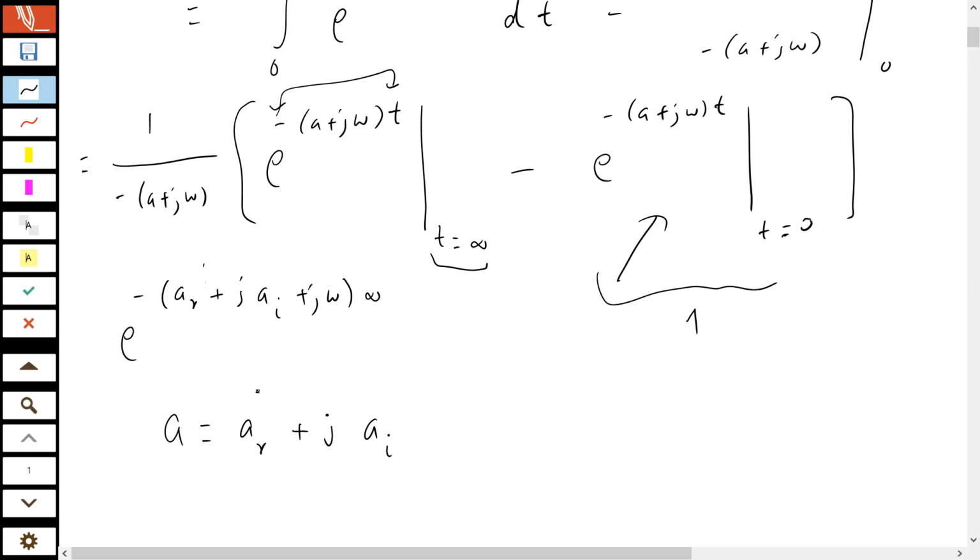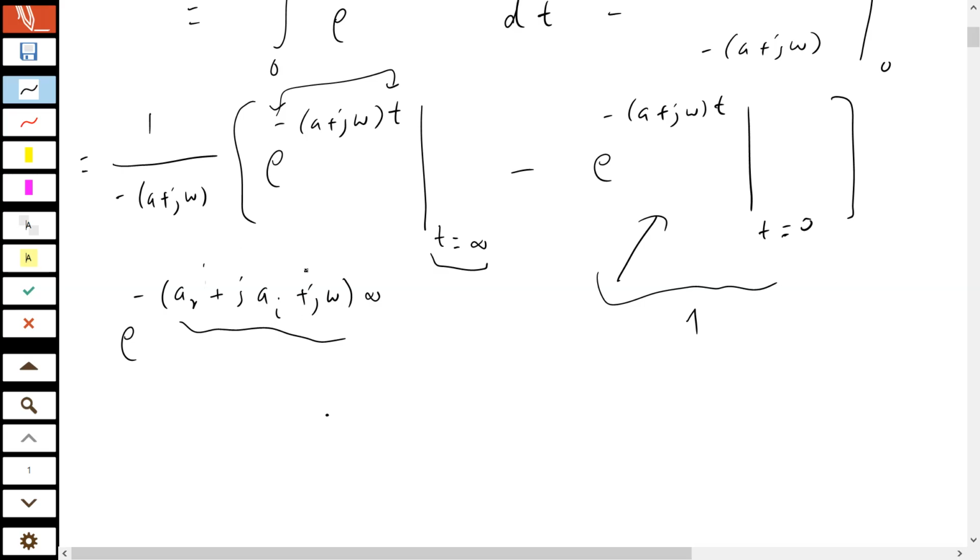Do you now see the problem? Which of these terms matter for this limit? There are three terms here. Which of these are important for this limit? I can even combine them into the imaginary, so j of AI plus.